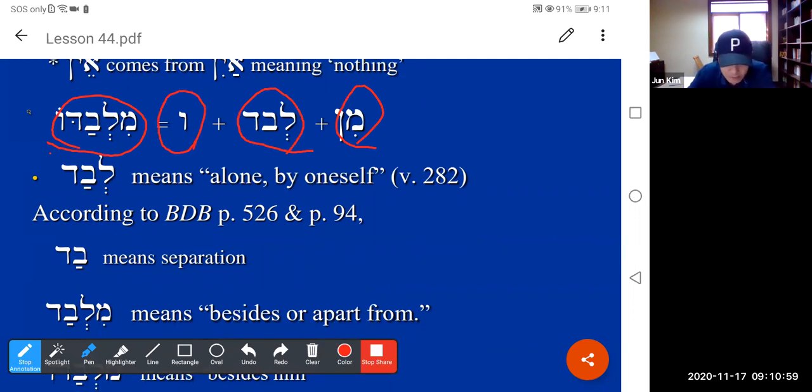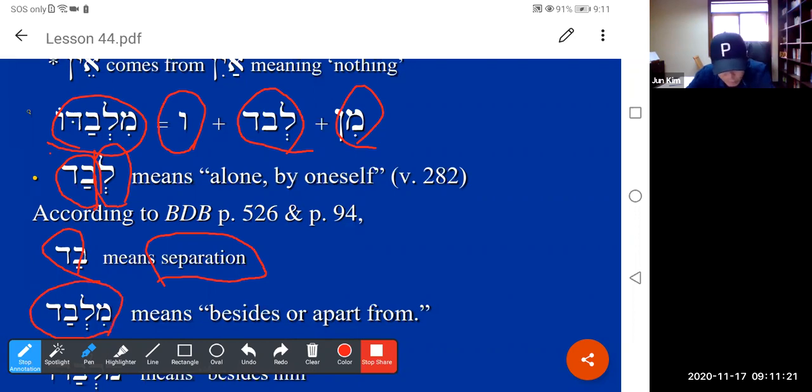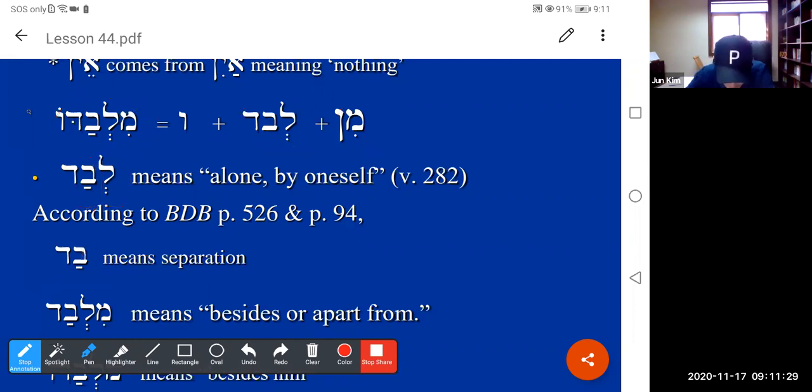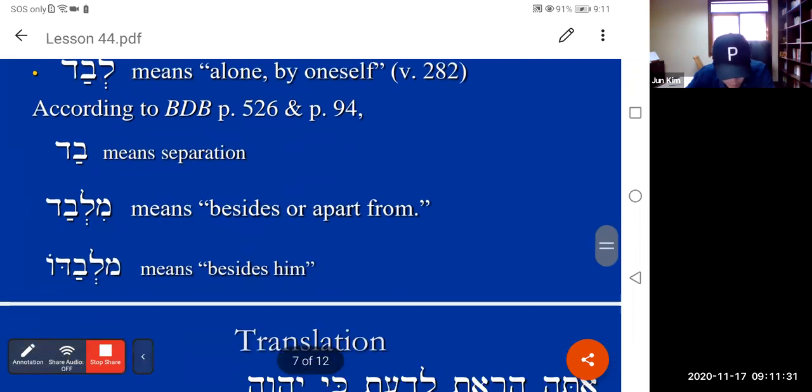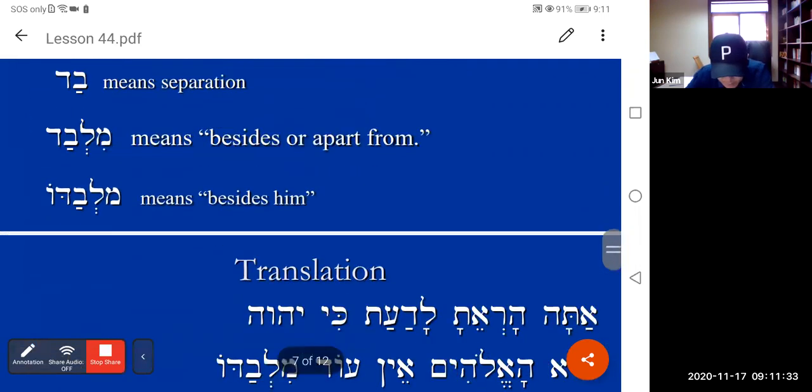But strictly speaking, this one also refers to two aspects, the preposition lamed and bad. Bad means separation. So it comes together with other prepositions, from, for, or to, and separation. So milvad will be treated as an idiomatic expression like besides or apart from. So milvado means besides him.